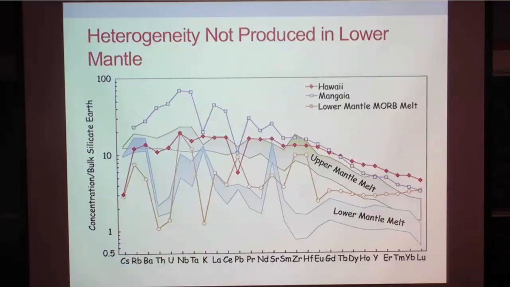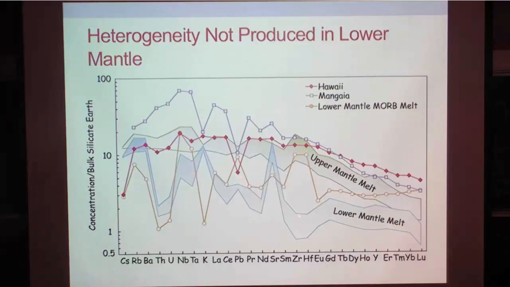Let me give you an example of why we don't think the lower mantle melt business would work so well. One thing we see is that the ratio of samarium to hafnium in almost all basalts is pretty constant.